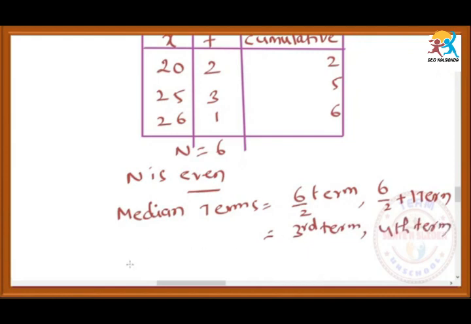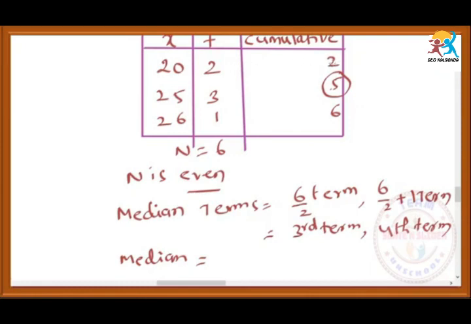These are median terms. So the median will be, just observe, the third term and fourth term. The third term and fourth term are present in this cumulative frequency here. Here we will get the third term and fourth term. So its corresponding value is 25. So the third term is 25 and the fourth term is also 25. How can I say this? Because up to two terms we have 20.